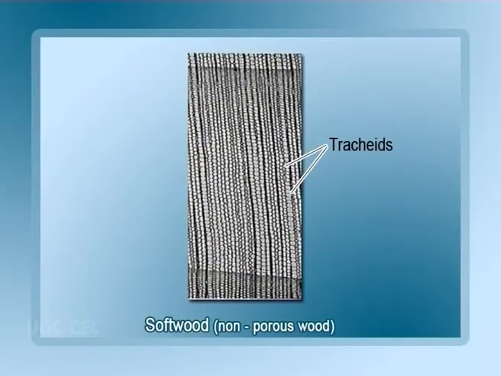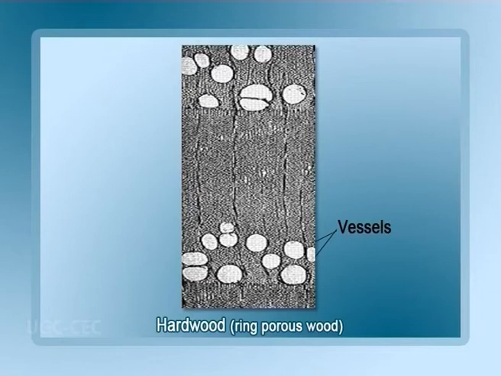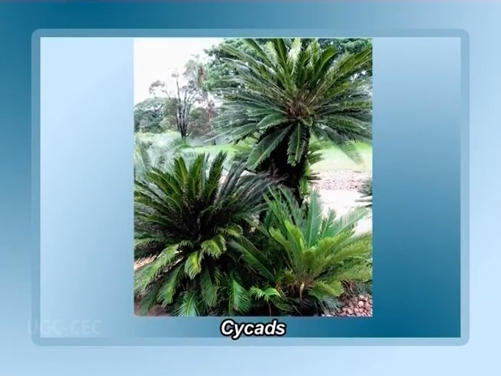Now we will discuss softwood and hardwood. It is common to classify wood as either softwood or hardwood depending upon the absence or presence of vessels respectively. The wood from most of the gymnosperms like conifers and cycads has tracheids only and is called softwood.